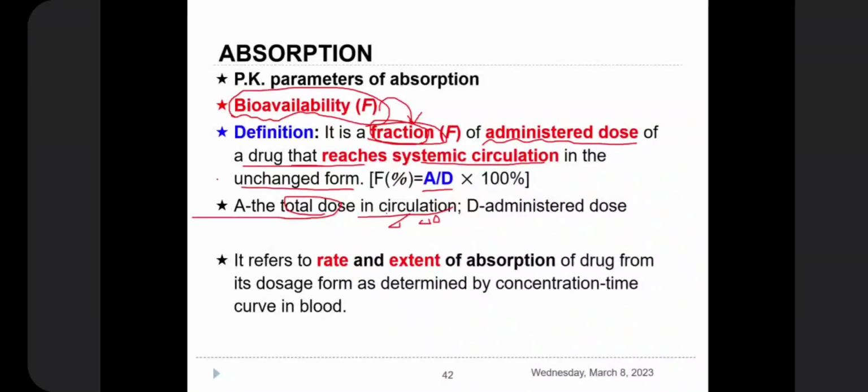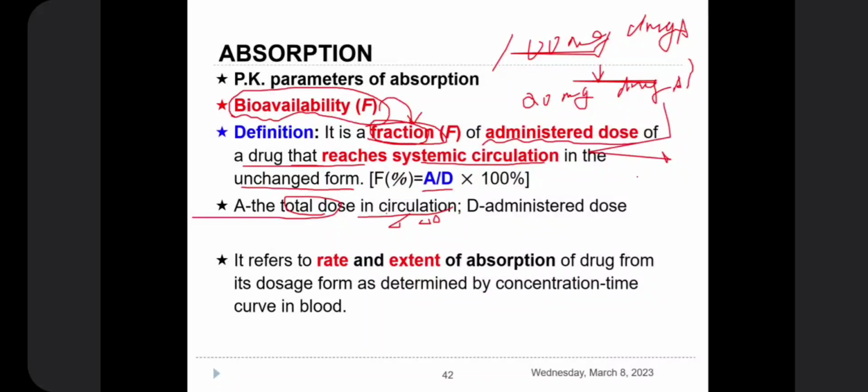I give you a question. Okay, we give 100 mg of drug A, maybe by oral administration. And finally, we measured in the circulation only 20 mg of drug A. So, what's the bioavailability of drug A? Okay, do some calculation.